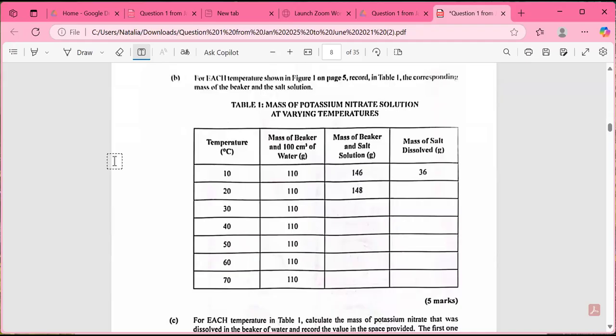So we're going to put in the mass of the salt solution. What would be the mass of the salt? How did we say we're going to get it again? Subtract the mass of the beaker and water from the mass of the beaker and the salt solution.